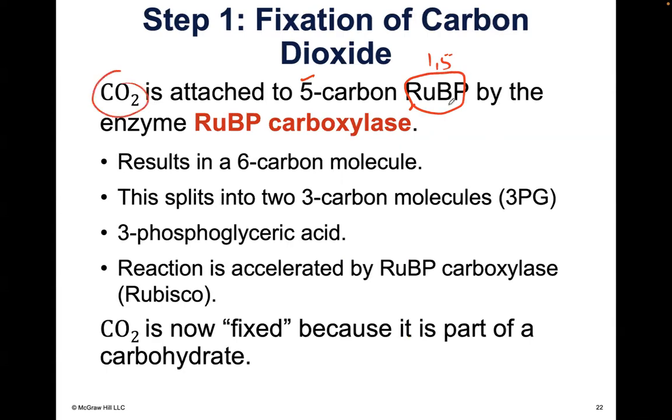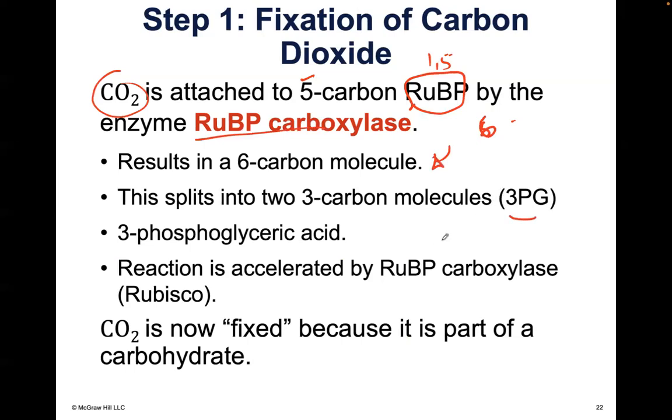The CO2 attaches to it to produce a 6 carbon molecule. This is facilitated by the enzyme called RuBP carboxylase. It produces a 6 carbon molecule, which is then split into two 3 carbon molecules called 3PG.